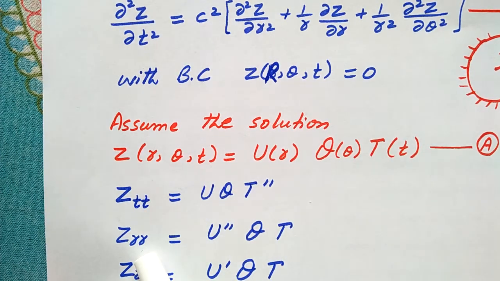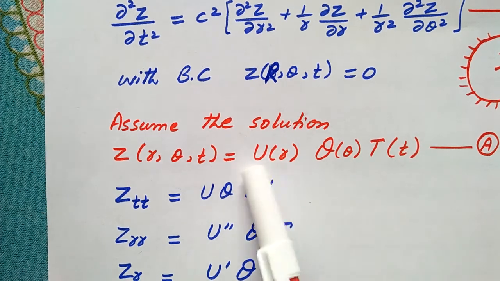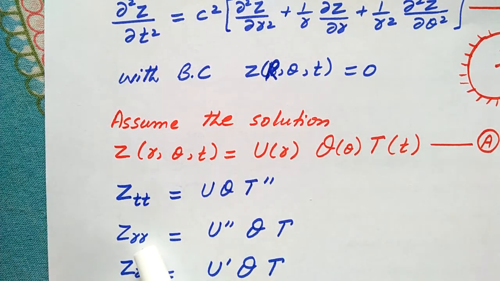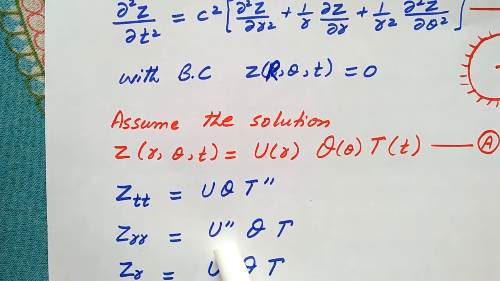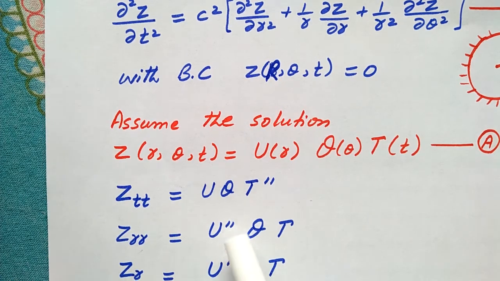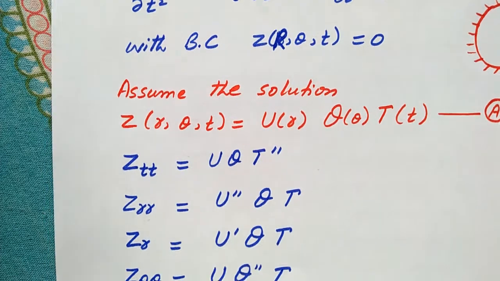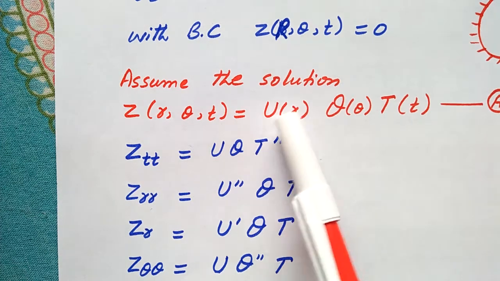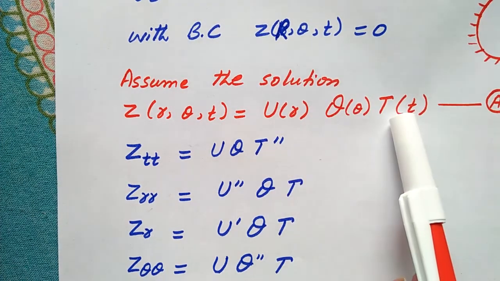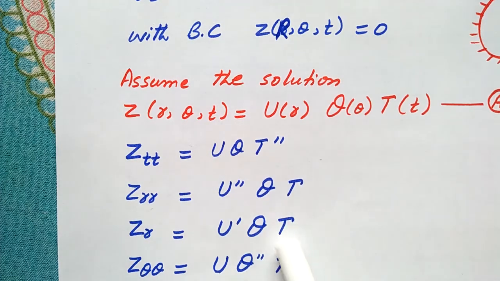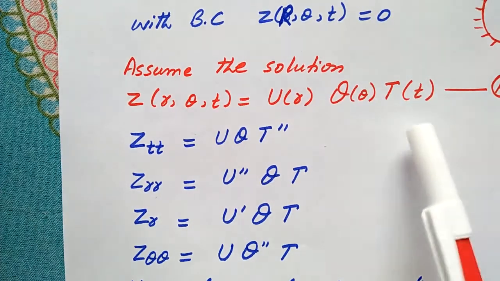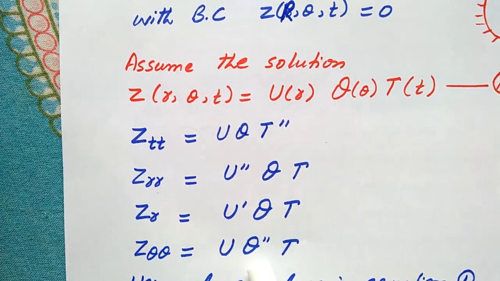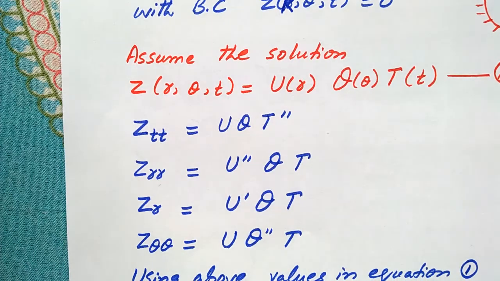Since it is with respect to r, only u of r is affected and the other functions remain the same. Since it is differentiated two times, u is shown as u double dash. Similarly, z_r, the partial z over partial r, becomes partial u over partial r times theta times T, and theta and T remain the same. For z_theta theta, only the theta function changes, and u and T remain the same, and theta becomes partial square theta over partial theta square.